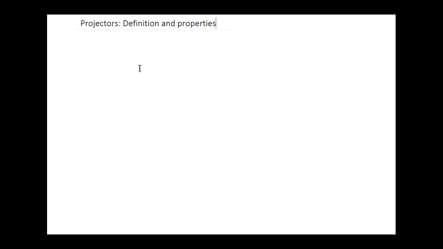I had promised to you that I wanted to tell you a bit more about projectors. What is a projector? Let's start with the simplest case, which is the projection onto a one-dimensional subspace, which is spanned by some unit vector.